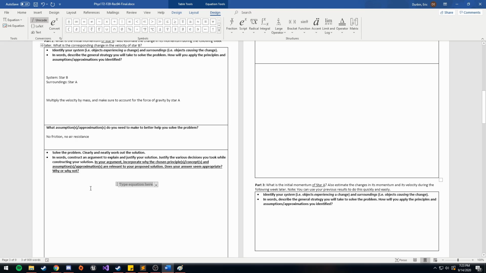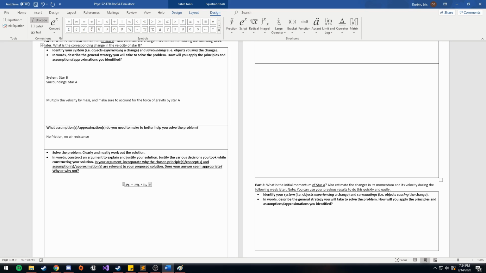So, part 2. Momentum of B is mass of B times velocity of B. That's the initial momentum.